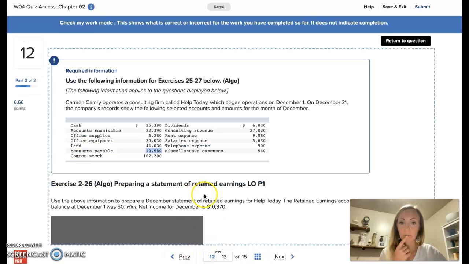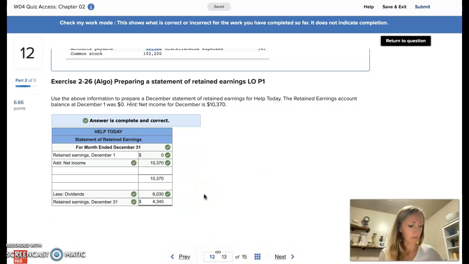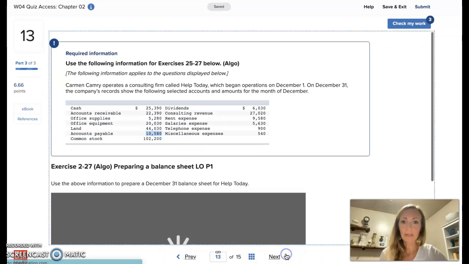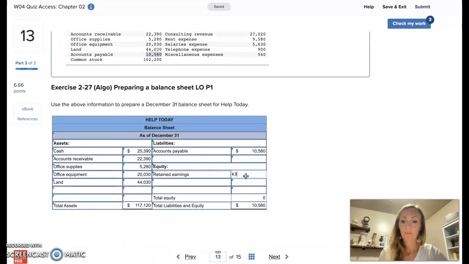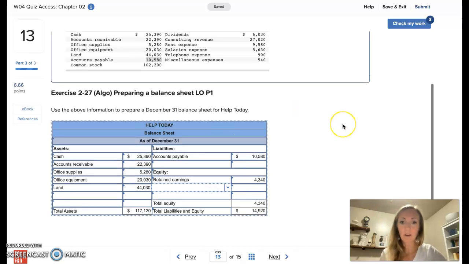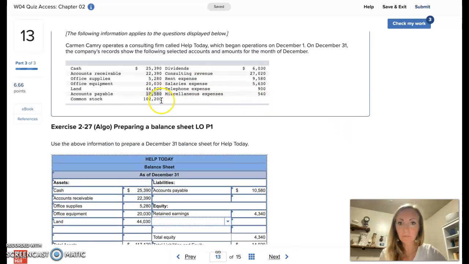I didn't write that number down. Let's see, 4,340. We're going to plug that into our retained earnings over here. Then we have common stock as well. Plug in.